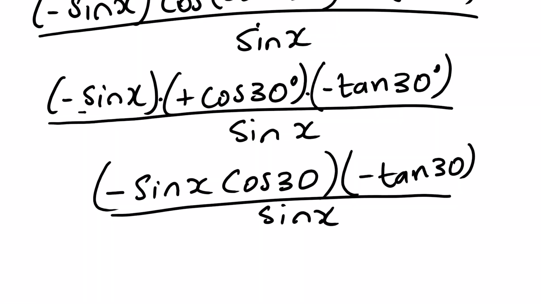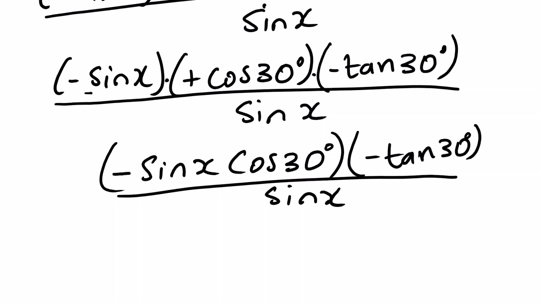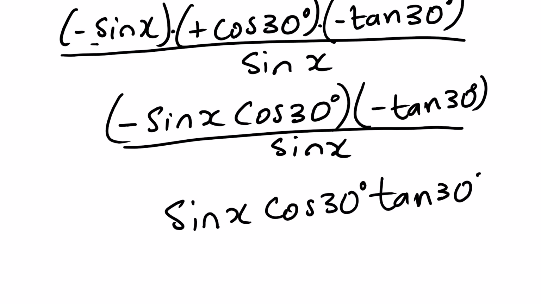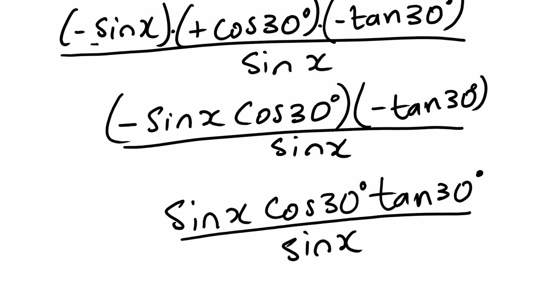Then we continue. Negative sine x cos 30 multiplied by negative tan 30. Negative multiplied by negative is positive. So this will give us sine x cos 30 tan 30 all over sine x.